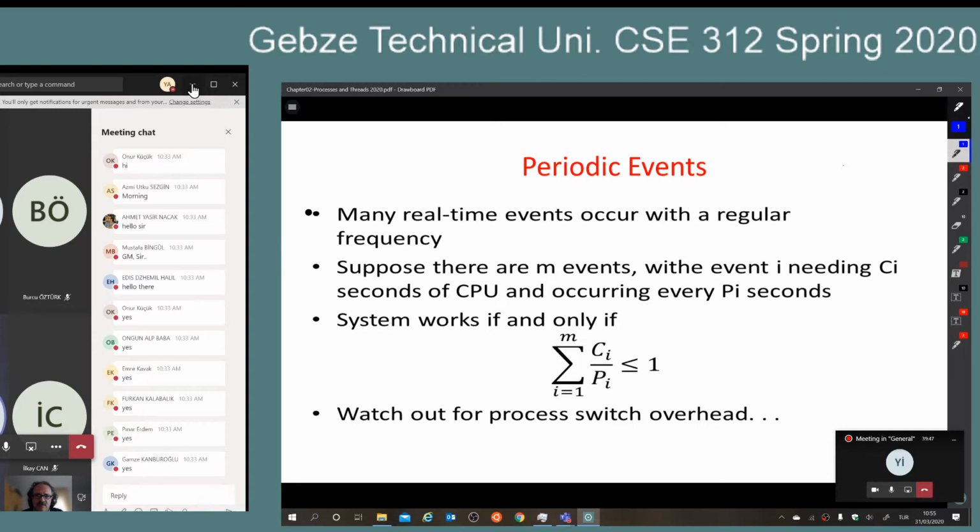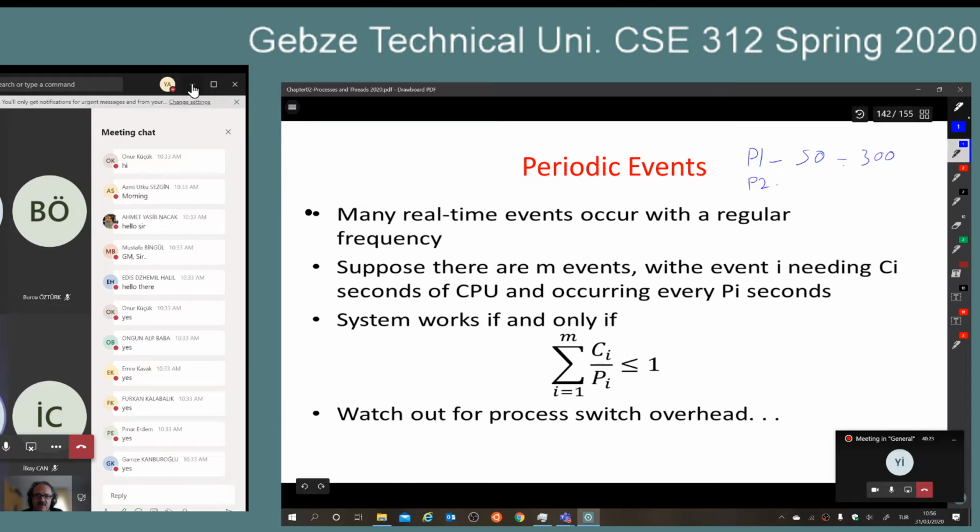So the real-time systems say that each process should guarantee how long it's going to take, but also each process should have some kind of an idea of the period of the process itself. Process 1 might say that I will take 50 milliseconds to run, but I will run every 300 milliseconds.